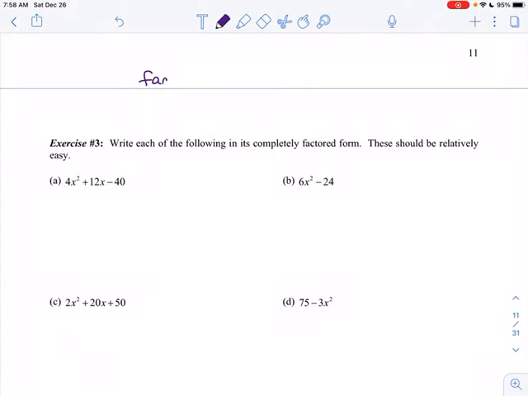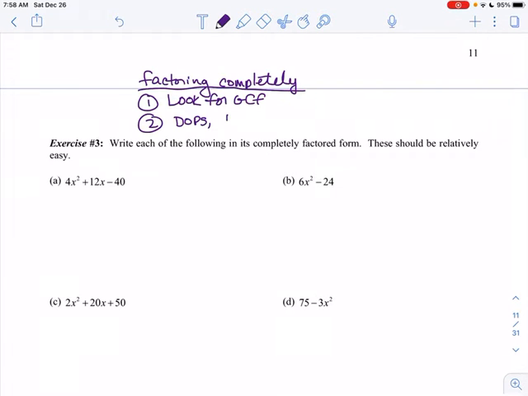So when I'm factoring completely, if you want to write this down, the steps are: look for the GCF, and this is always with factoring. Look to see if there's a GCF. If there is, factor it out. And then what's left, look to see maybe if it's the difference of two perfect squares or if it's a trinomial that you can factor. But you're always just looking for the greatest common factor.